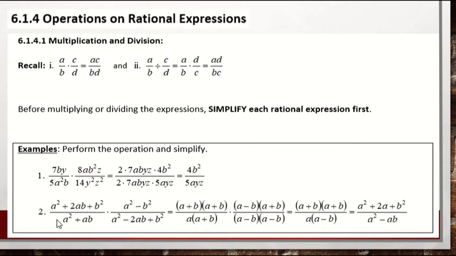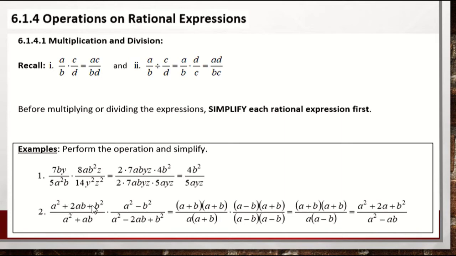Next, number 2, a squared plus 2ab plus b squared all over a squared plus ab, multiplied to a squared minus b squared all over a squared minus 2ab plus b squared. Okay? So we factor them first so that we can simplify.